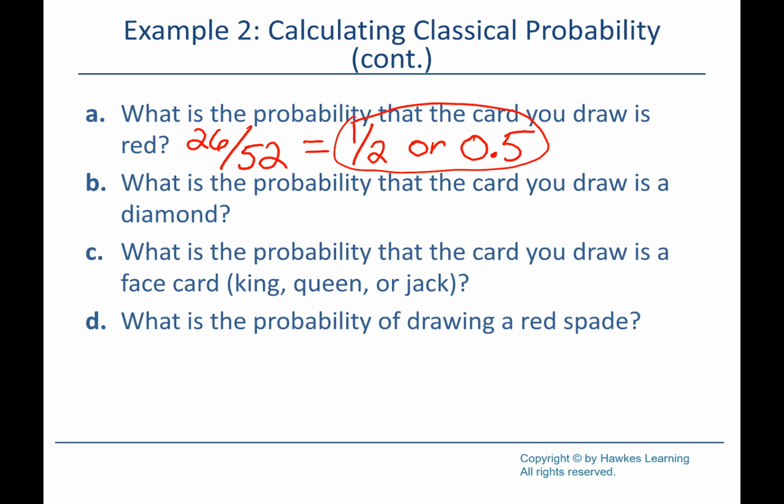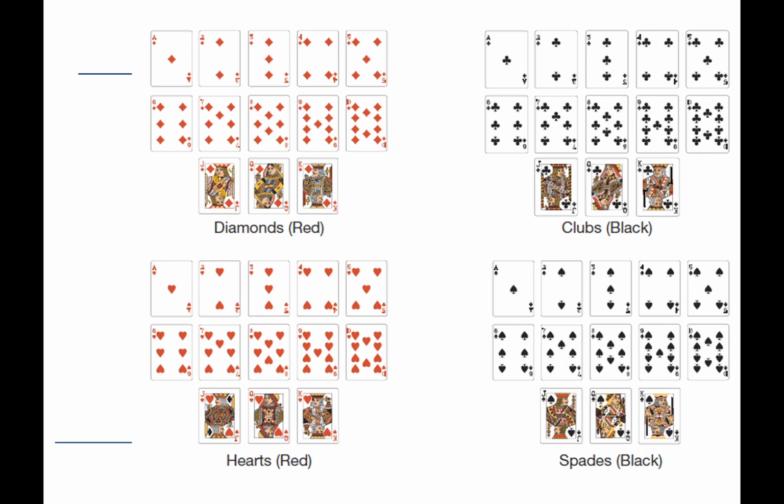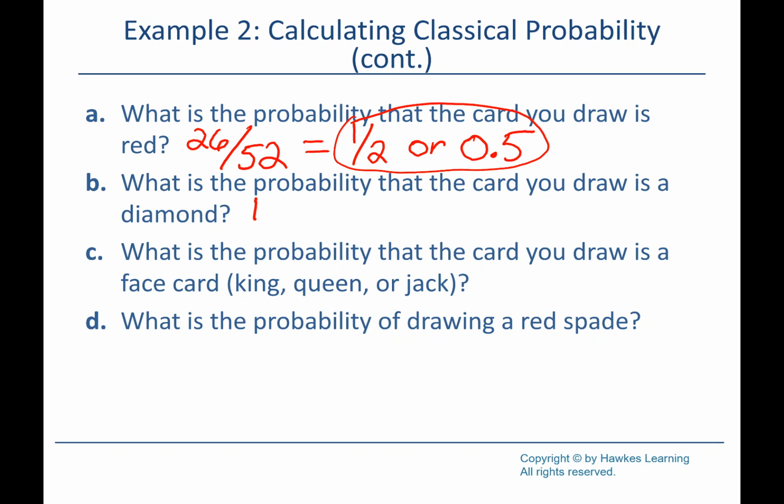But B says, what's the probability the card you draw is a diamond? If we go back to our picture and count them, we've got 13 diamonds, so 13 cards in our event. 13 different ways we could get a diamond out of 52 cards total. This one's 13 out of 52.